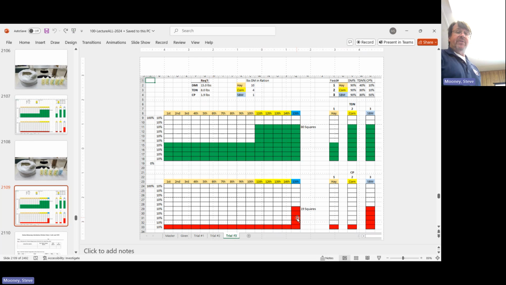I gain 1, 2, 3, 4 squares. That takes me up to 19. 19 times 0.1 is 1.9 pounds of crude protein. My ration is now balanced for dry matter intake, energy, and crude protein.